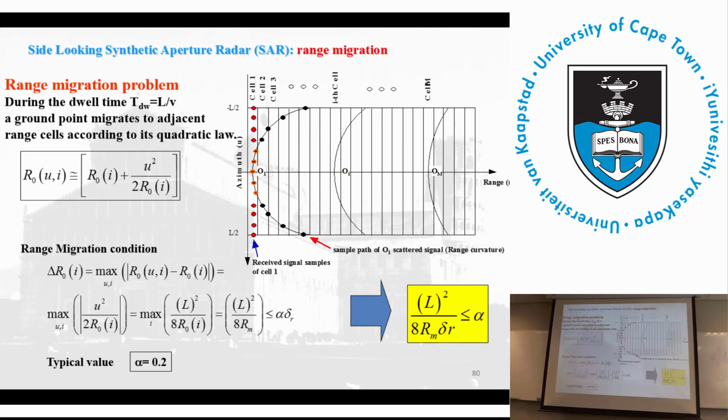So what you're doing here is you're trying to make sure that this distance is less than a certain percentage of the range resolution, which results in this expression here, where now if you invert it, you get a constraint for L, which is the aperture.